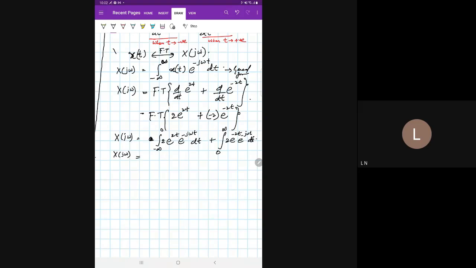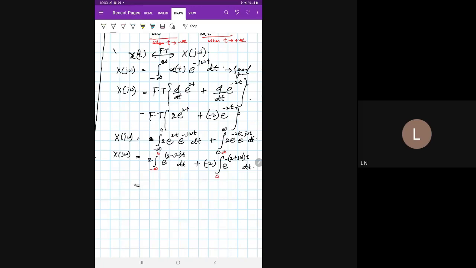Therefore we can write down x of j omega will be equal to 2 times integration of limits from minus infinity to 0, then e raised to power 2 minus j omega t dt plus minus 2 integration from 0 to plus infinity, okay, then e raised to power minus 2 plus j omega t dt.